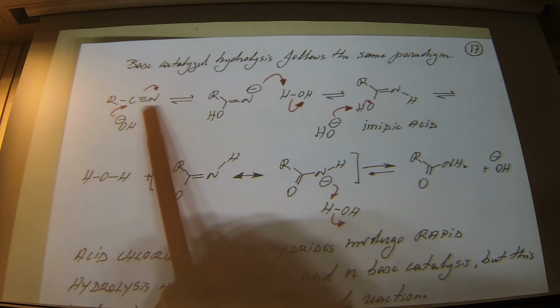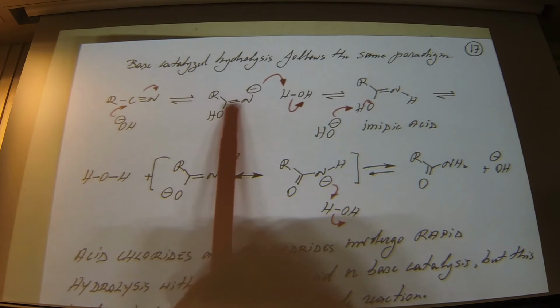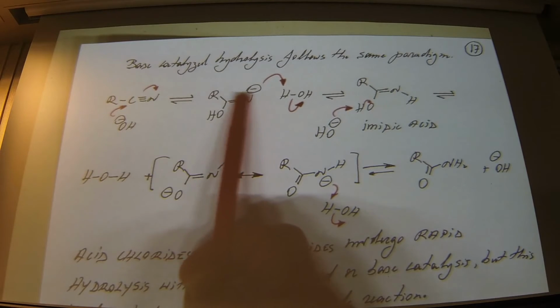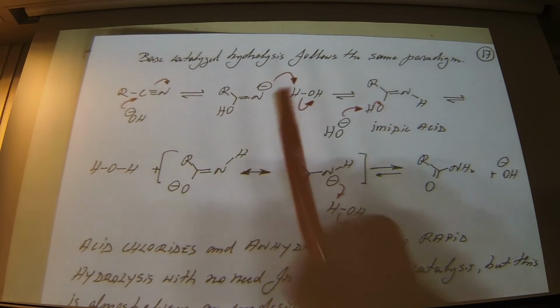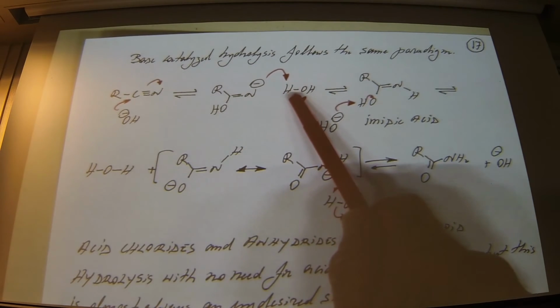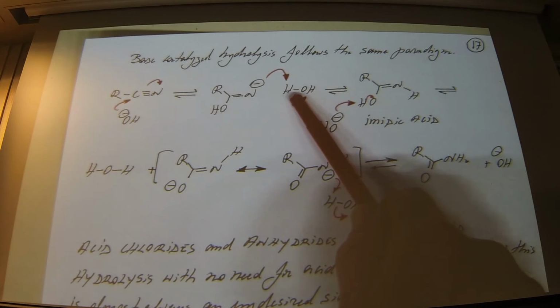Hydroxide, so no proton and base, so no activation. Hydroxide adds, and this is the conjugate base of the imidic acid. This is a strong base. It's protonated by the strongest acid in aqueous phase, which is water, not H3O+.